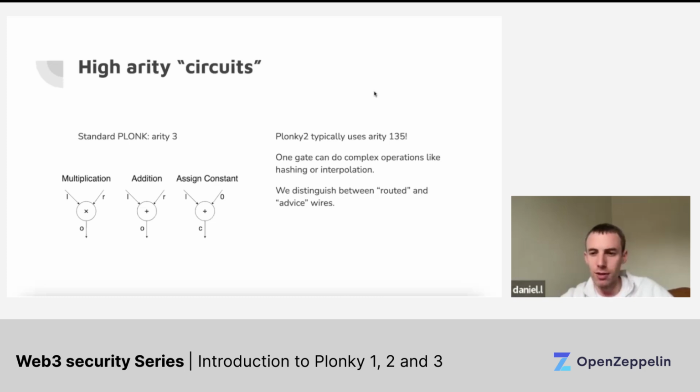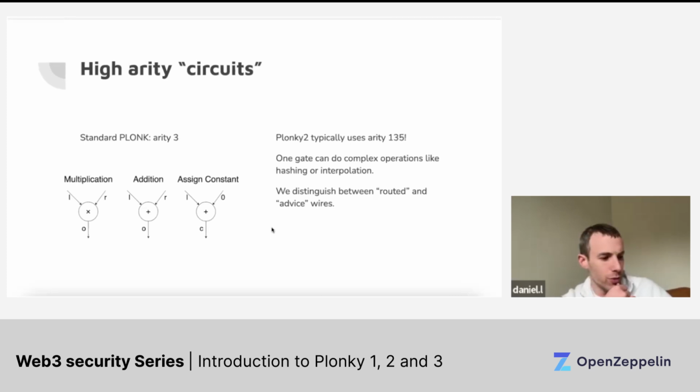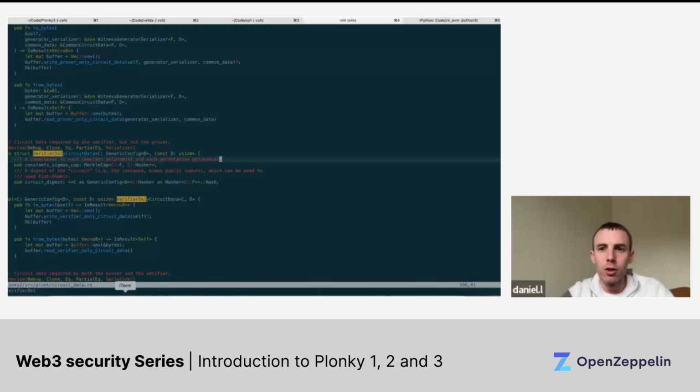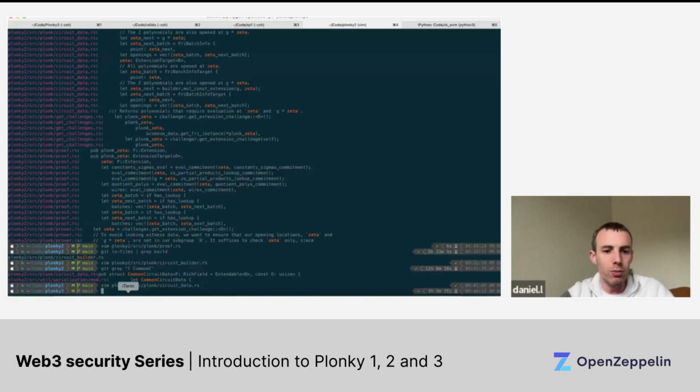I actually forget the formula now. But in Plonky2, we have these very separate gates, and we have selectors which enable or disable an entire gate.